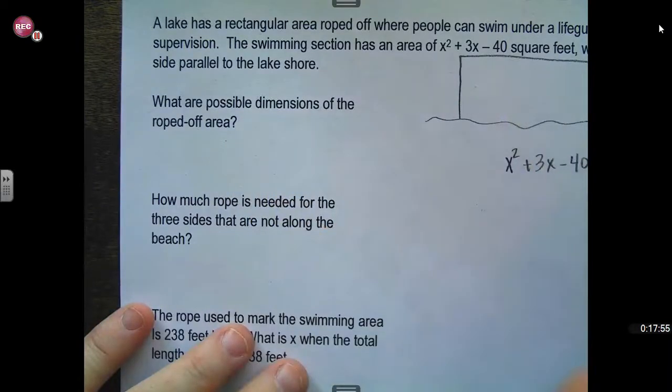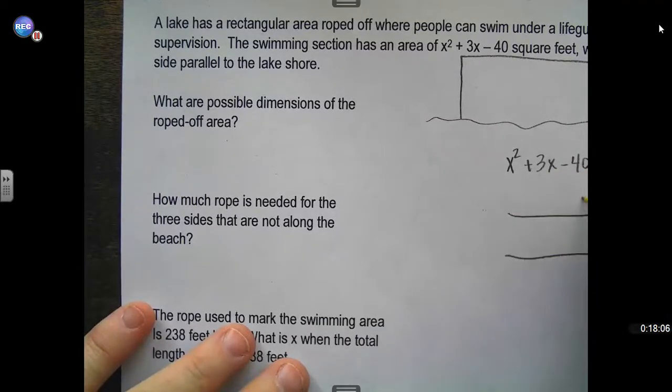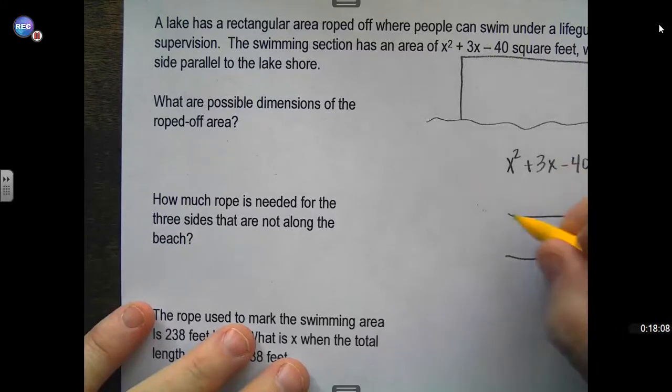Well, to get area, I multiply something times something. And if I have a trinomial, I know that it came from a binomial times a binomial. So basically what I can do is factor this thing. So x and x, 1 times 40, 2 times 20, 4 times 10, nope, 5 times 8, yep, there it is.